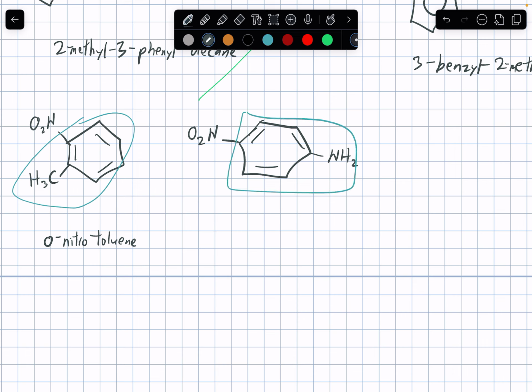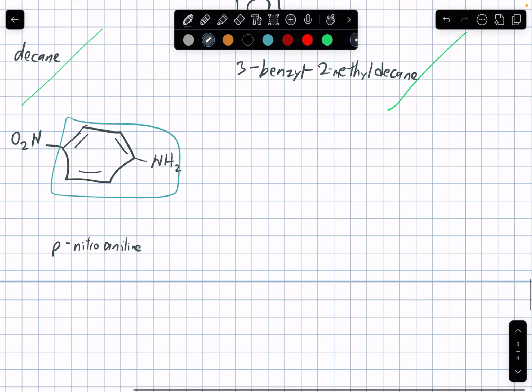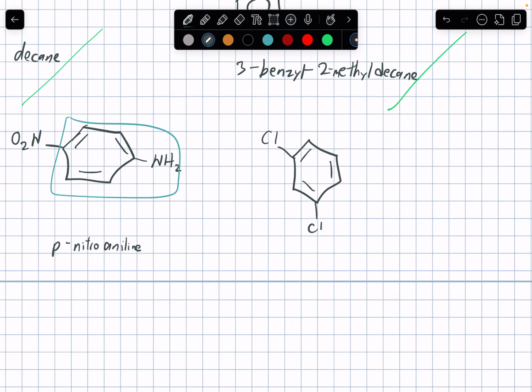NH2. That's an aniline. Nitroaniline, para. They're para to each other. Cl, Cl. They are meta to each other.